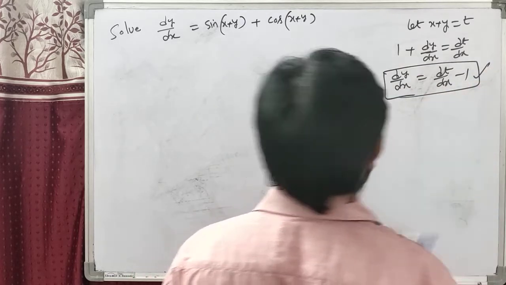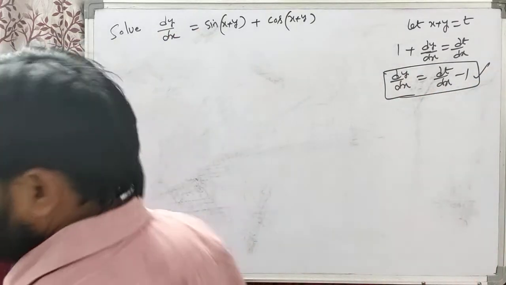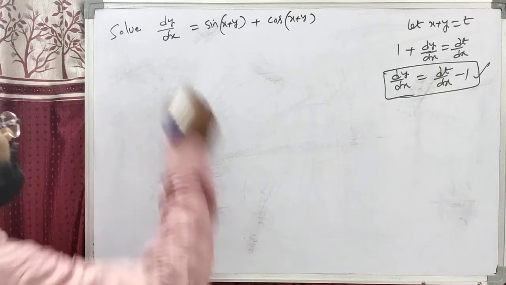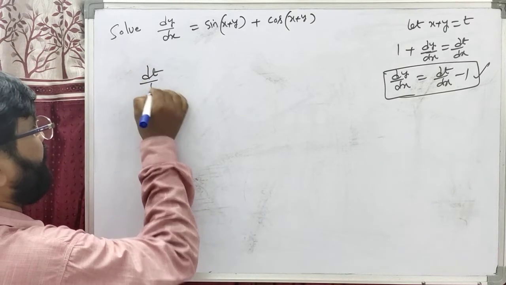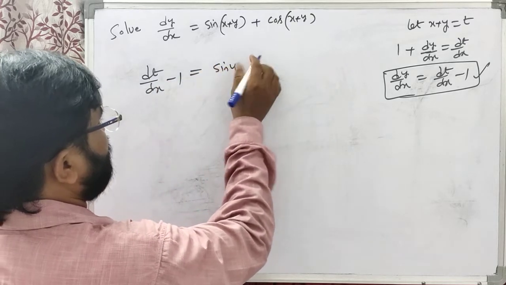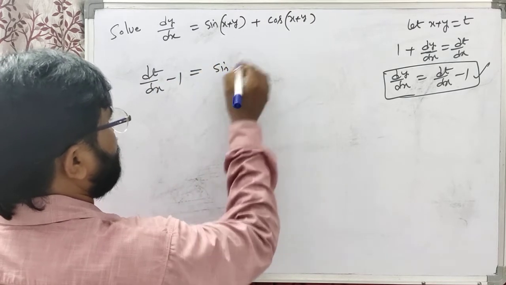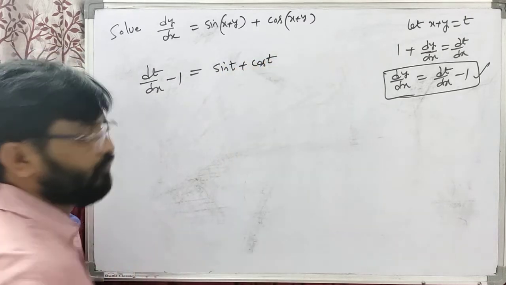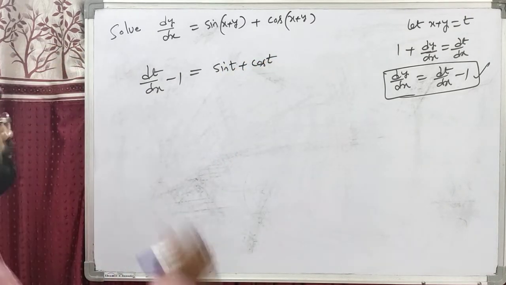Okay students, now we are substituting, instead of dy by dx, what you got: dt by dx minus 1. This is sin t plus cos t.